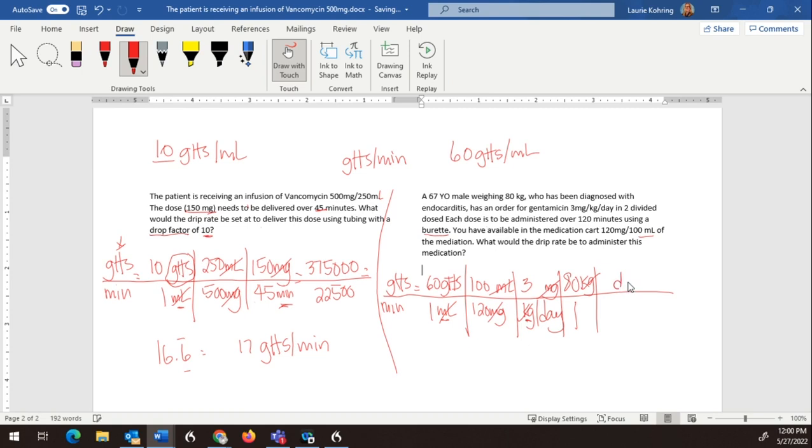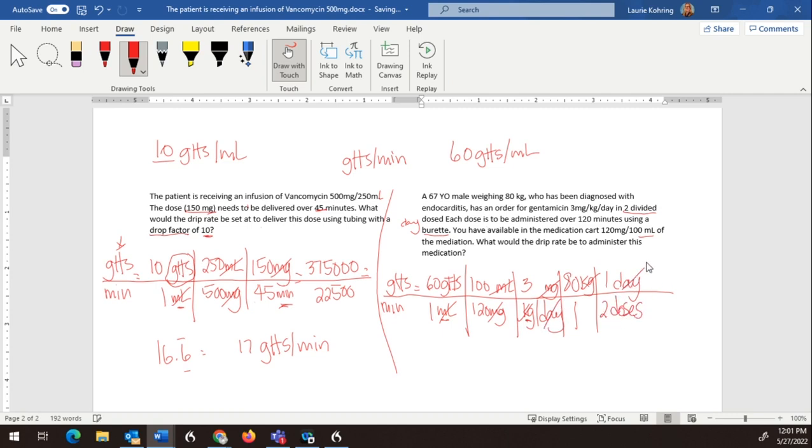Next, I need to contend with the unit of day, and I don't see it very directly, but I do see that we have 2 divided doses, and this should be per day. The person writing this question forgot to put that part, which would be me. All right, so we have 1 day, 2 doses.